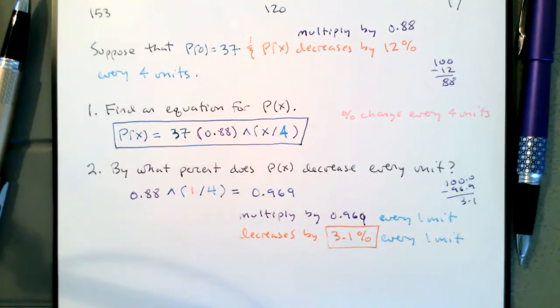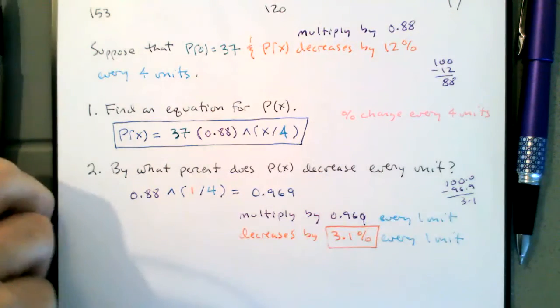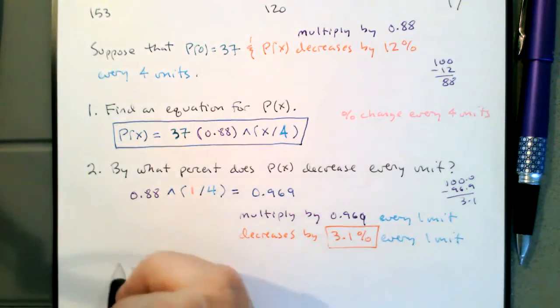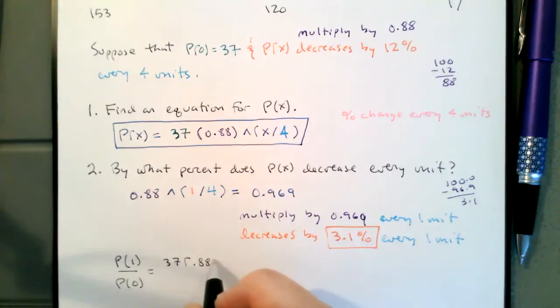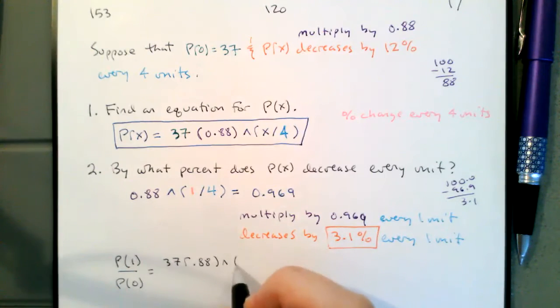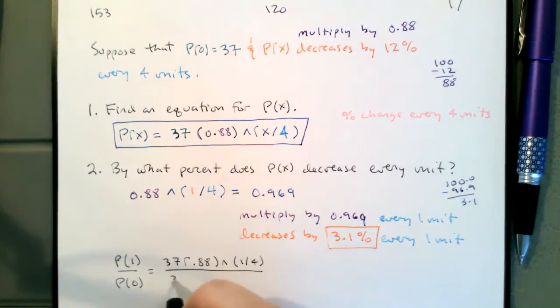Now, this raising to the 1/4 means we're just looking at two consecutive integer values of x. We're looking at the ratio of, for example, p of 1 divided by p of 0, that would be 37 times 0.88 to the 1/4 divided by 37 times 0.88 to the 0/4.